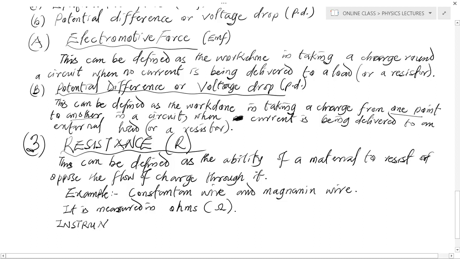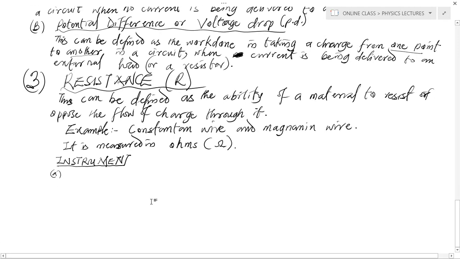The first one here is the meter bridge. Second one here is the Wheatstone bridge.